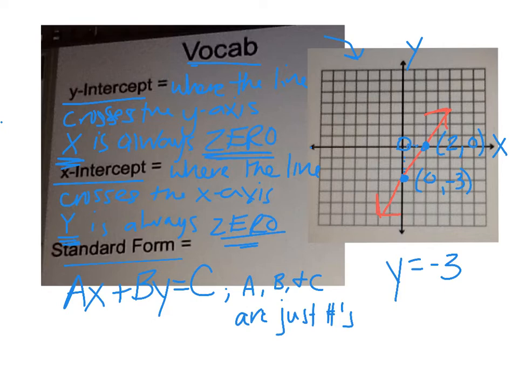Once again, the y-intercept is where the line crosses the y-axis, and we know that x is always 0 in order for it to do so, and the x-intercept is where the line crosses the x-axis, and y is always 0 in order for it to do that. So in the next couple of slides, we are going to actually find the x and y-intercept.